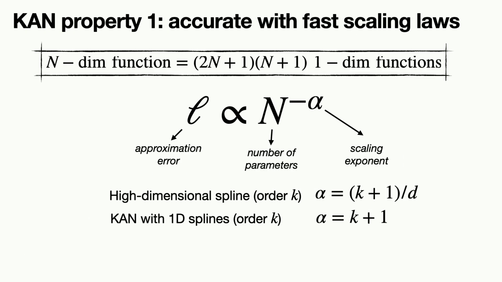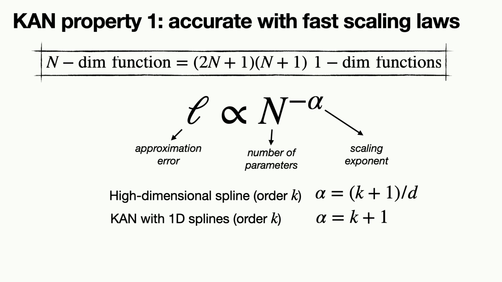Now, so what? So we have KANs. Firstly, KANs are accurate with faster scaling laws. We care about scaling laws in large models because the scaling laws give us the promise of how much performance improvement you would get from scaling up your model, data, or compute. And KANs are particularly promising because they tell us how to decompose high-dimensional functions, again, into 1D functions.